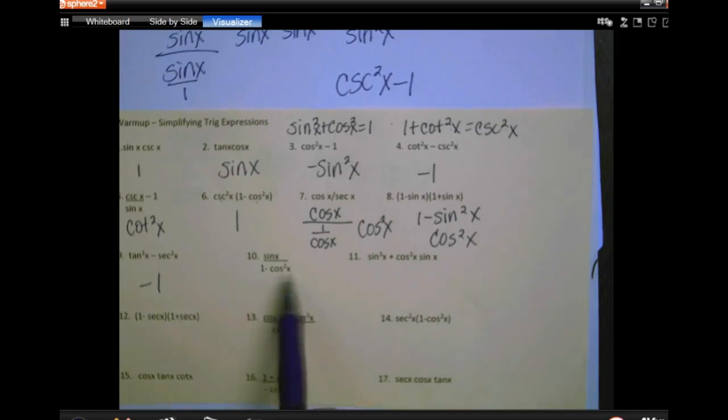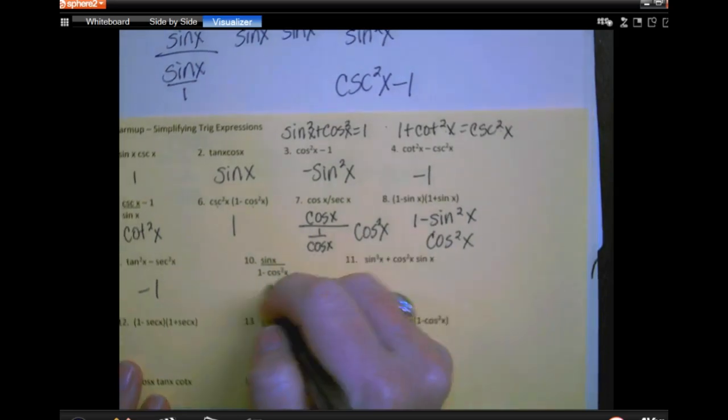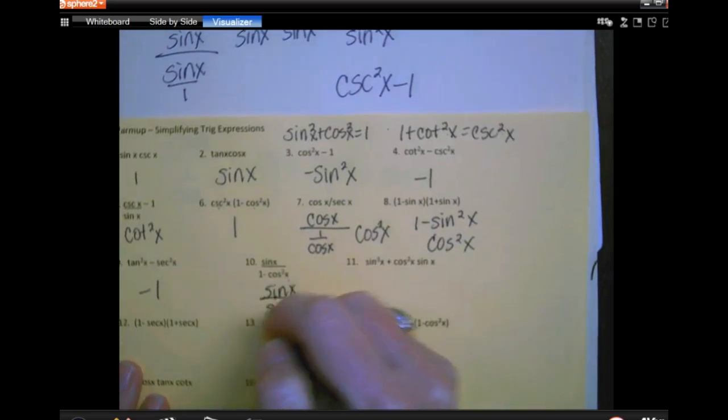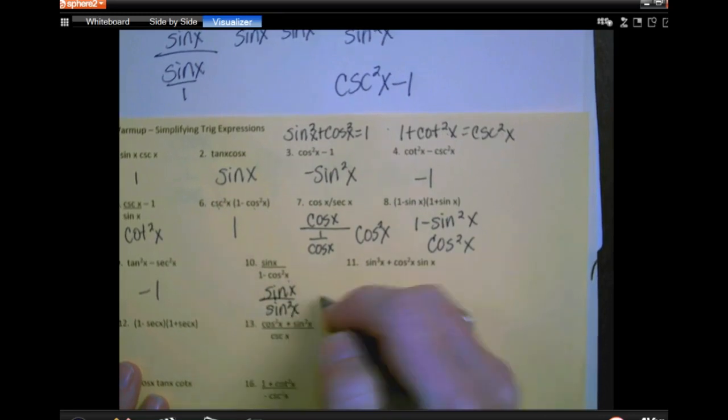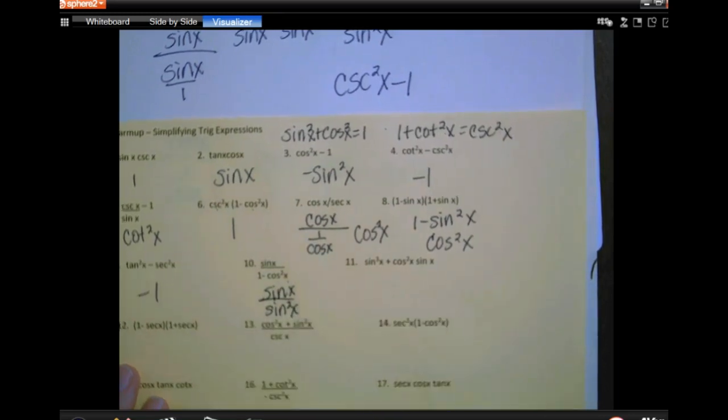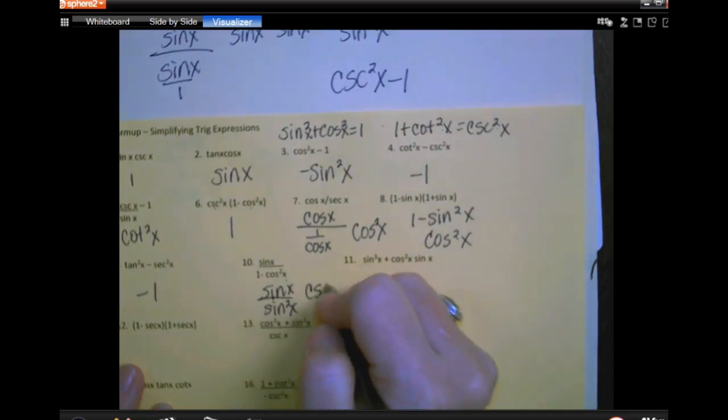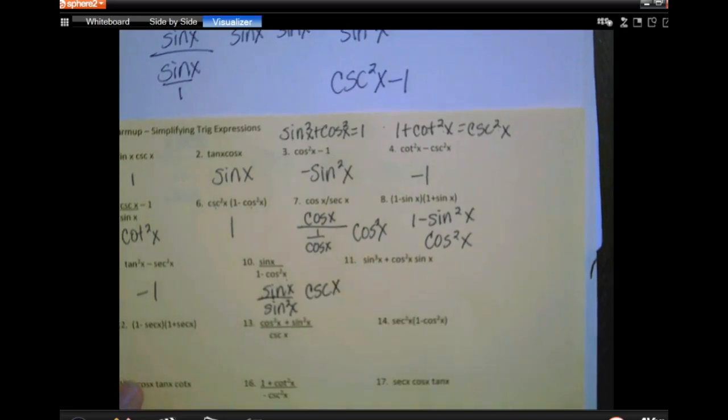Oh, wait, 1 minus cosine squared, sorry. This is sine squared. So I have sine of x over sine squared of x. So it's 1 over sine, which is cosecant. I always mess up on the dividing, but I forget you have to do it in parts. Is it squared x or just x? Just x.